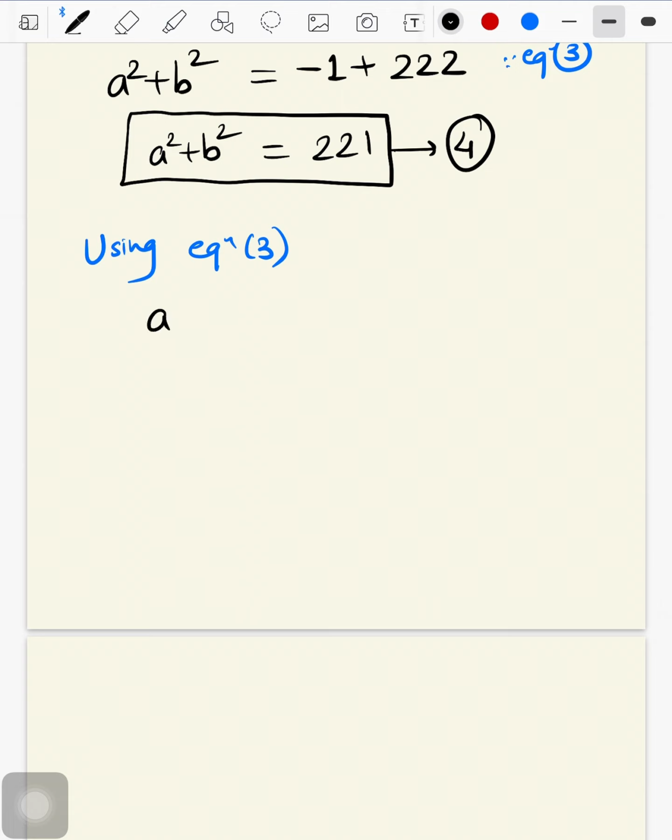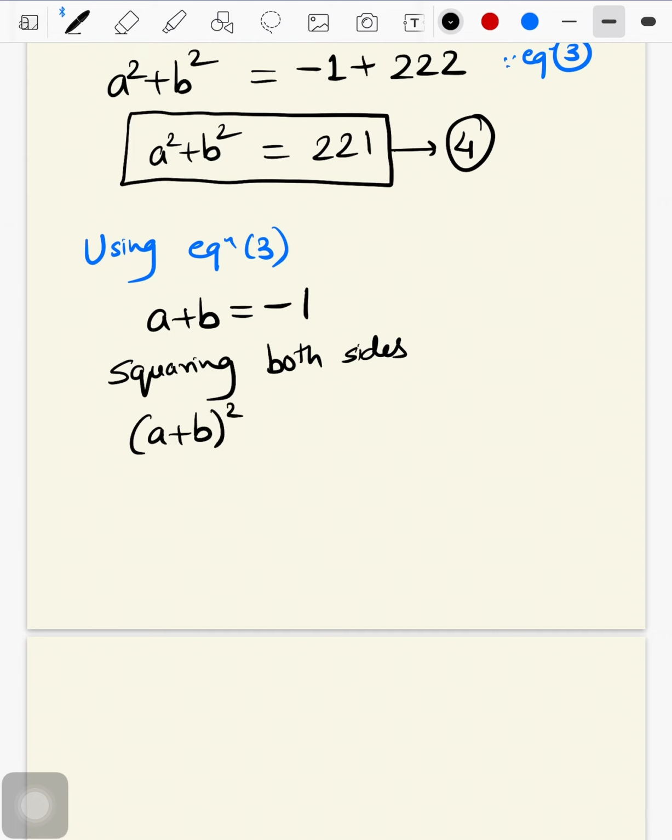Now using equation 3 we start further simplification. What is equation 3? a plus b equals minus 1. So here we are squaring both sides. Ultimately we have to find the values of a and b, which should not be equal, so for that we are doing all this simplification.